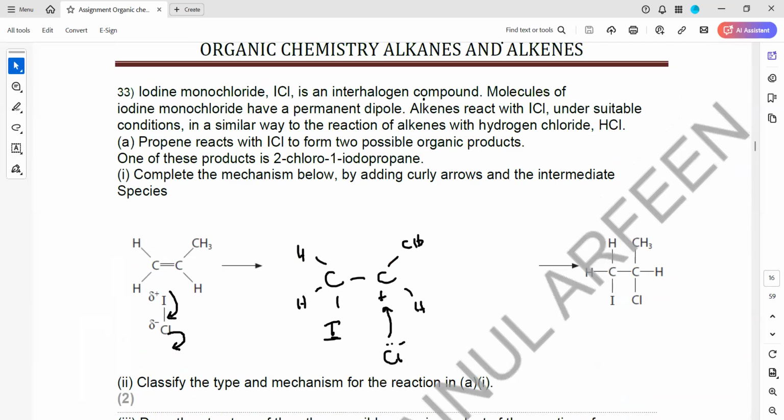So it is an electrophilic addition reaction. So alkene reactions are electrophilic addition reactions.